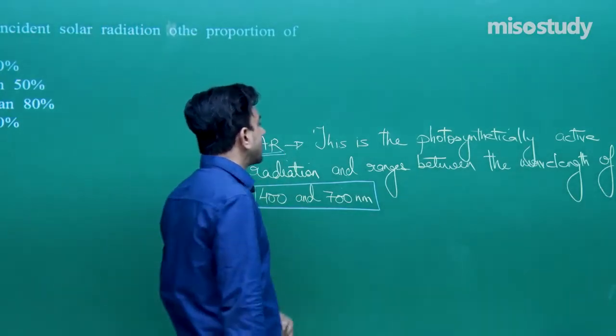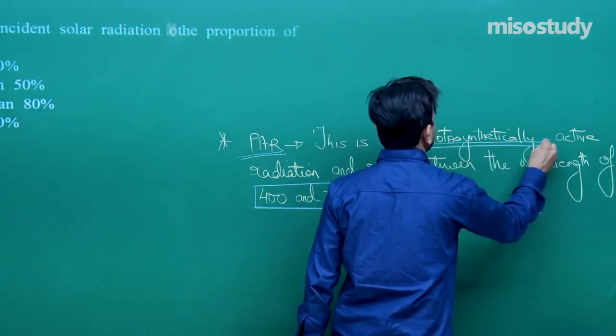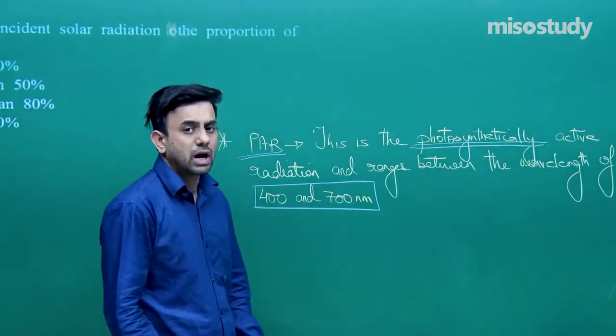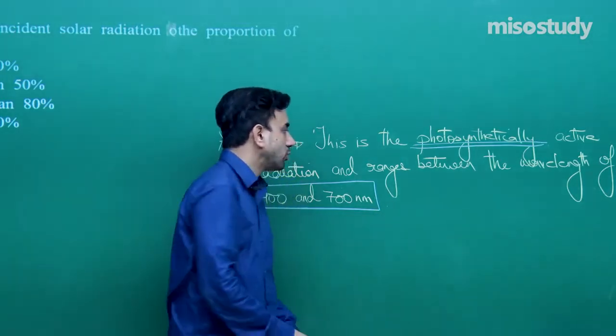So this is the photosynthetically active radiation and ranges between the wavelength of 400 and 700 nanometer.